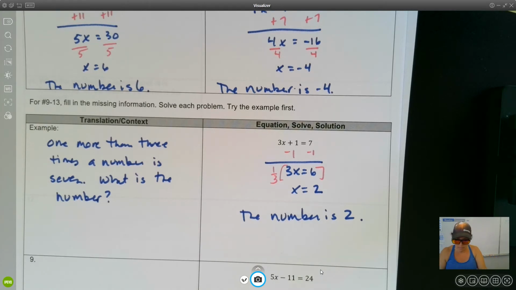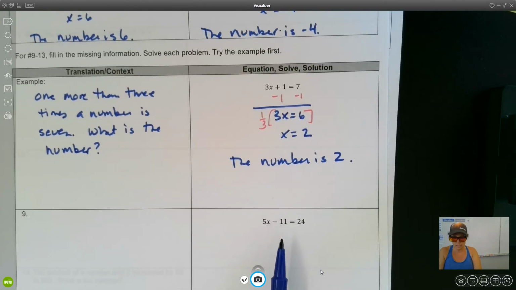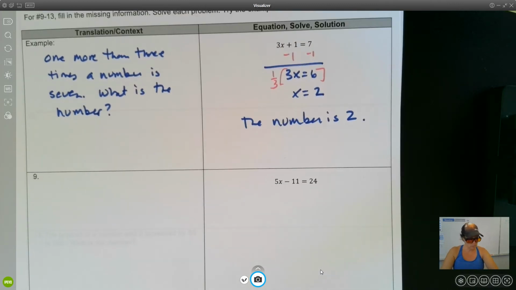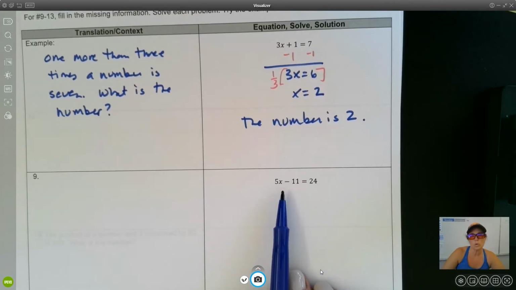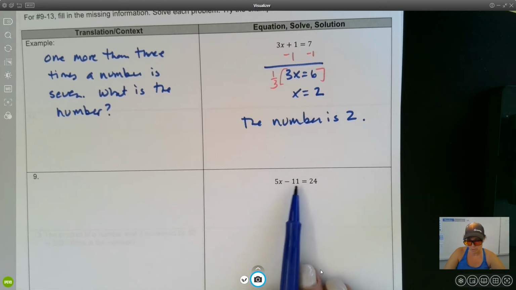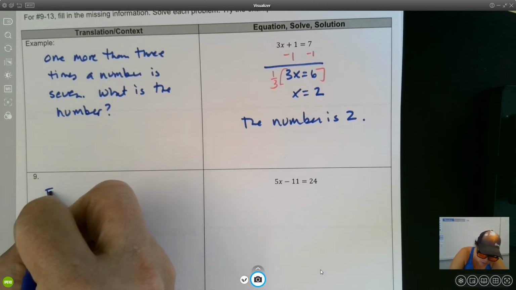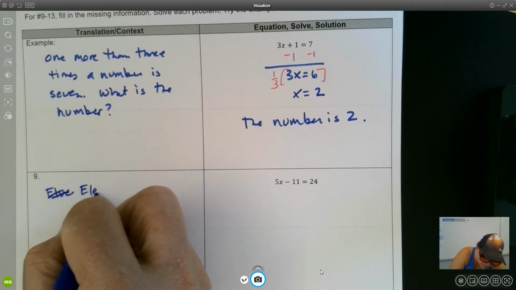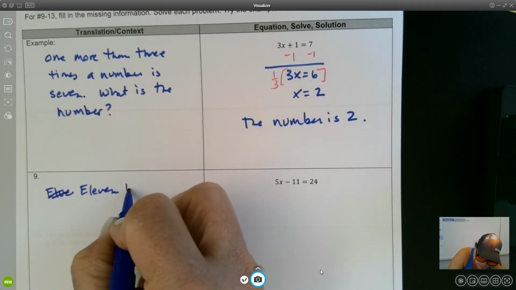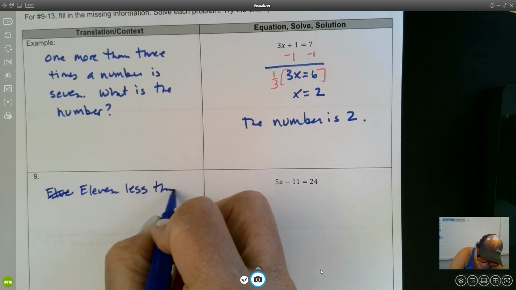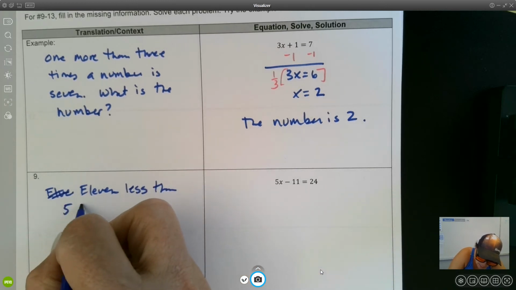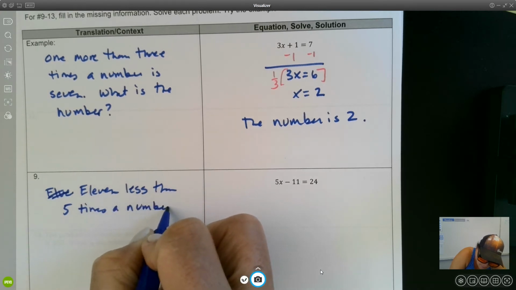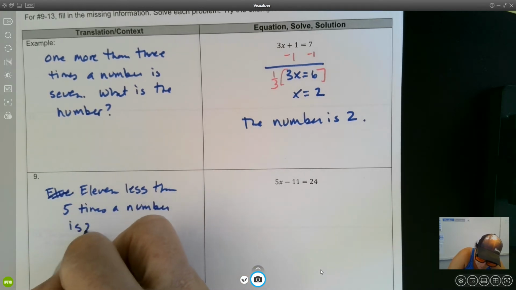Okay, number 9. 5x minus 11 equals 24. Many ways you can say this. I'm going to use the words less than and I'm going to flip it around. So I'm going to talk about the 11 first. 11 less than 5 times a number is 24.